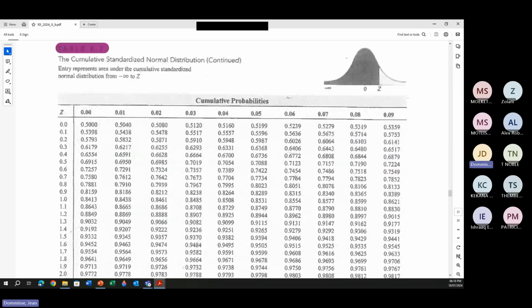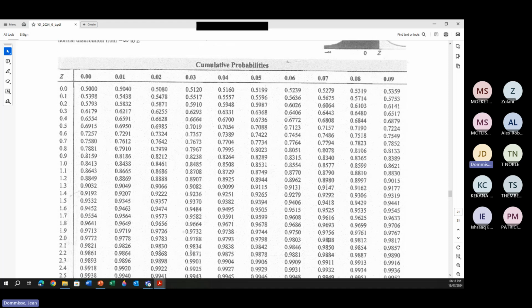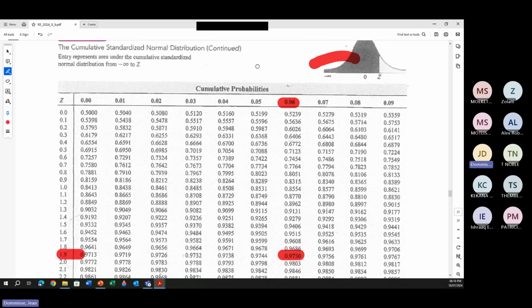So look, 97.5. Okay, so 97.5. So let's look what it is. 1.96.